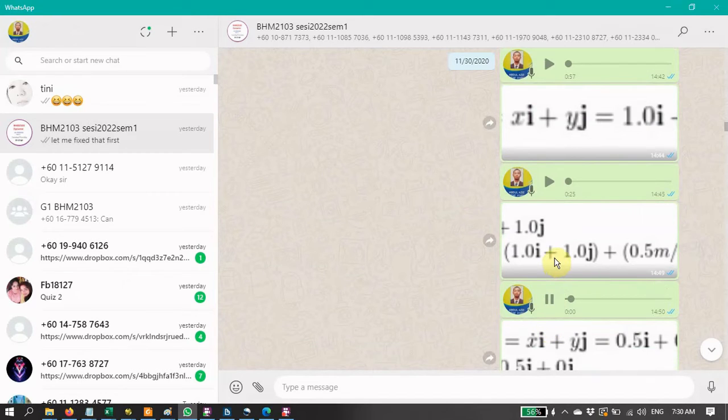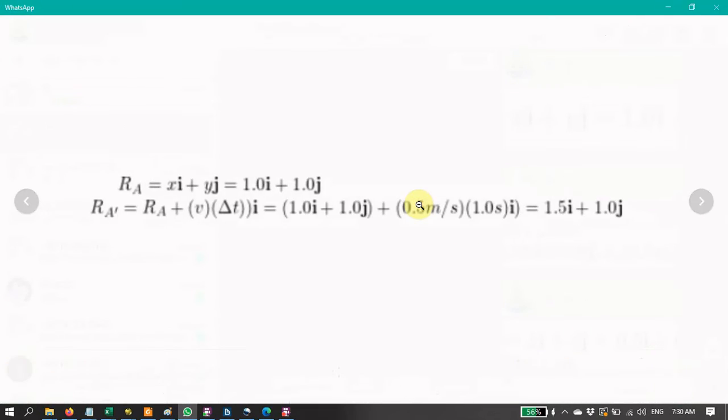Now there are the position vectors for the initial and final conditions for particle A, right? And at the new location.